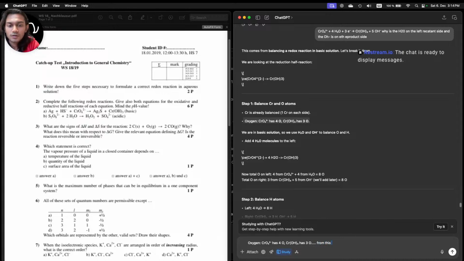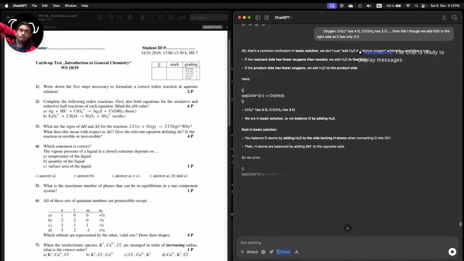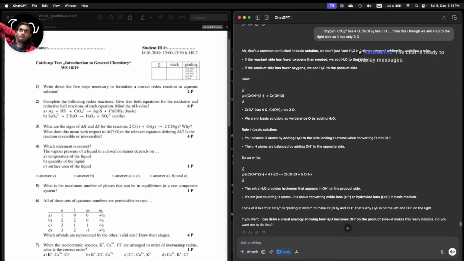I thought we add H2O to the side that has only 3 O. You balance O by adding H2O to the side lacking H atom.